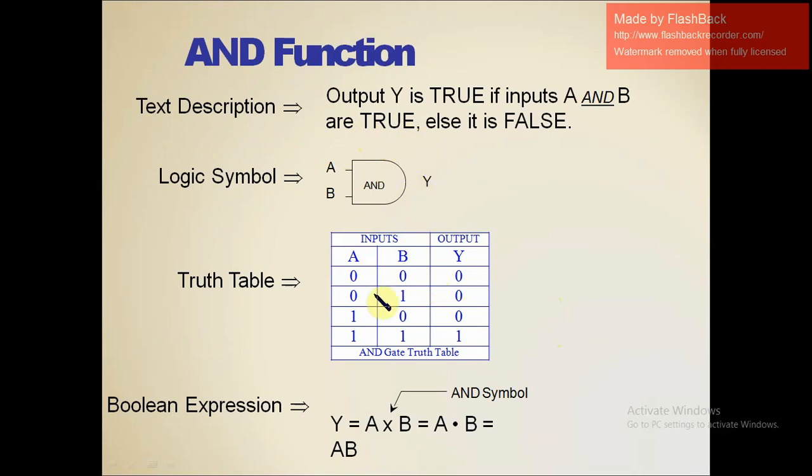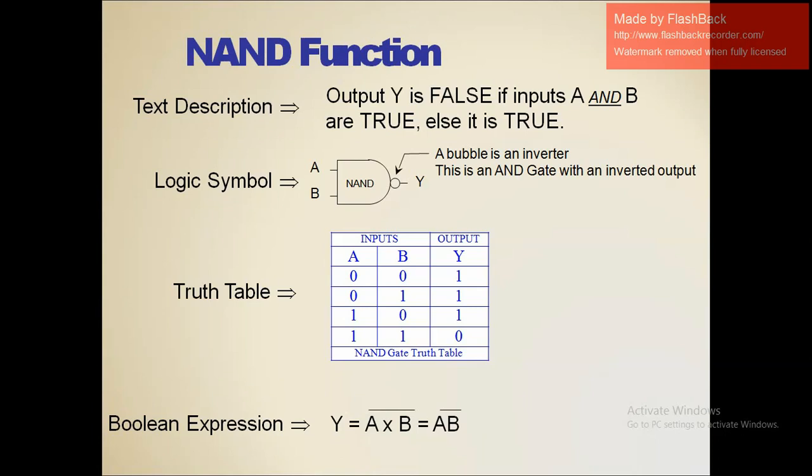Boolean expression: output is A into B, the multiplication, otherwise A dot B, otherwise written AB, that is the AND function. This is the total related to the AND function.